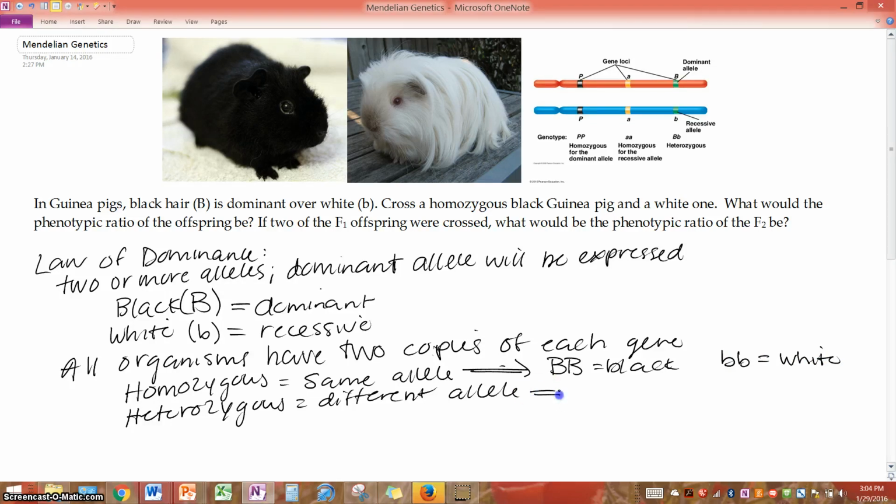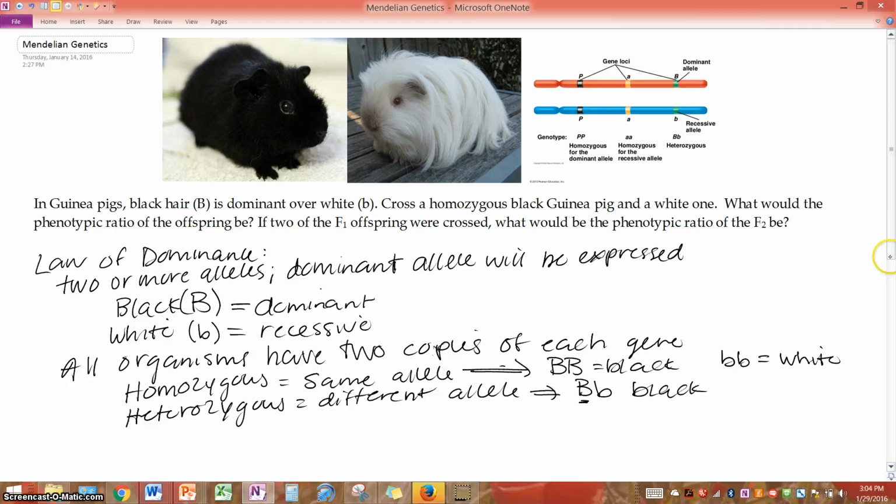The other condition is heterozygous, which we may need later, but this is going to have one dominant allele, one recessive allele, and this one will also express black because one dominant allele is present. But they are different alleles, so we can refer to it as heterozygous. So this is a little bit of the background information you need in order to solve these problems.